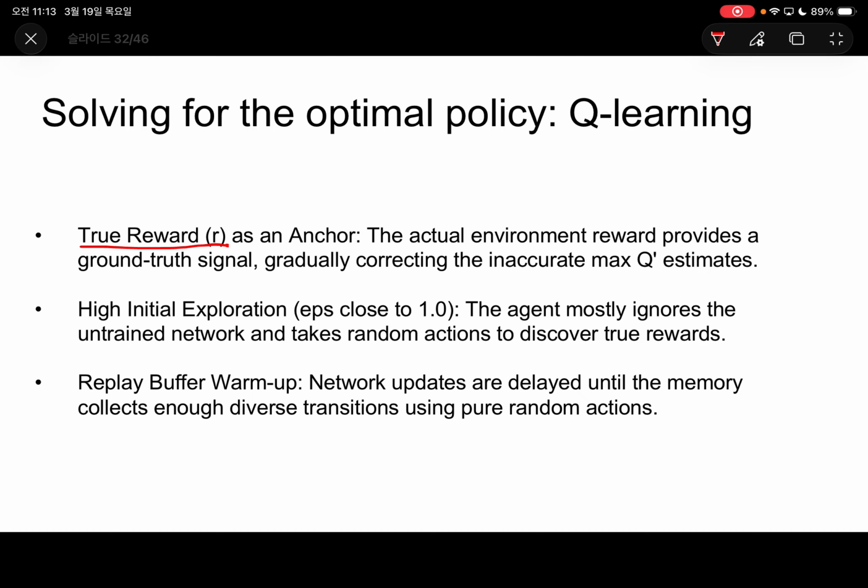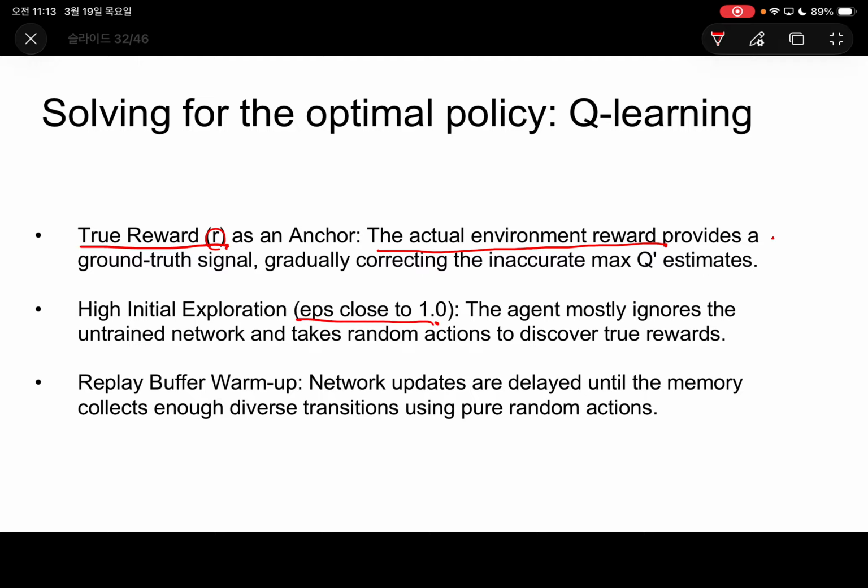The actual environment reward provides a ground truth signal, gradually correcting the inaccurate max Q prime estimates. That is the first thing, and the second one is high initial exploration. Epsilon is close to 1.